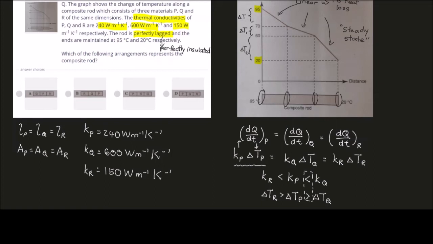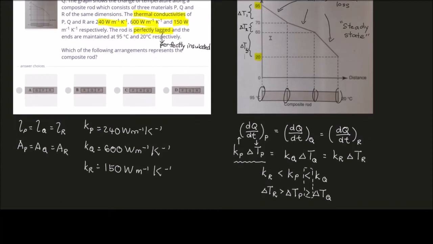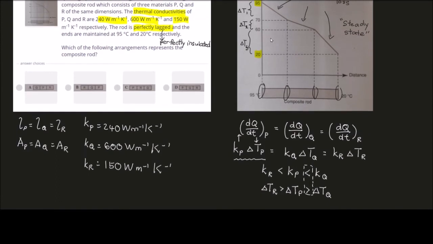So as you can see here, the smallest one is delta T2. So this one is delta T2. The biggest one is delta T3. So this is delta T3. Then the middle one will be delta T1.